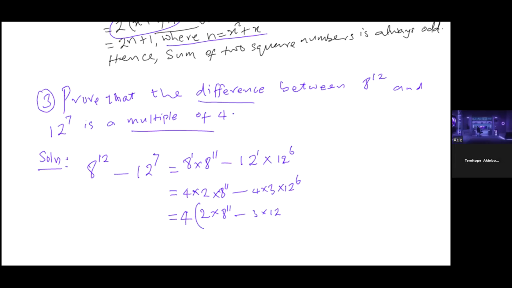So you can see that I've been able to factor out 4. Because I've been able to factor out 4, that means the difference can be expressed as a multiple of 4. So we now conclude. This is a multiple of 4.